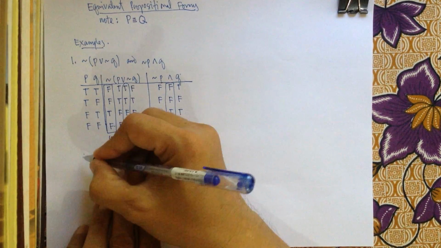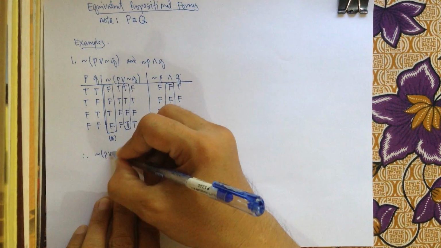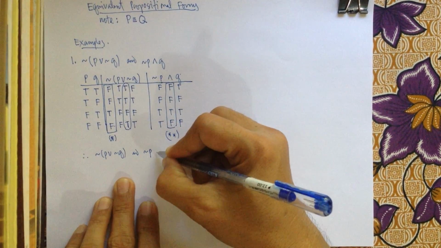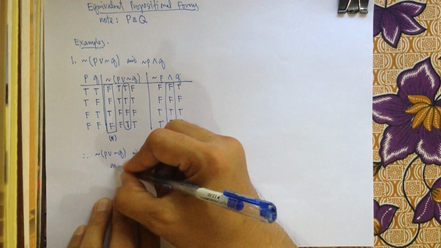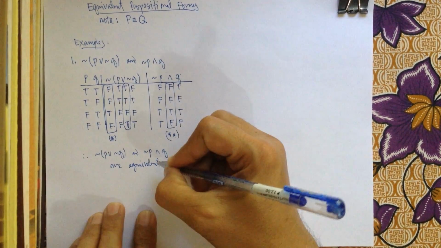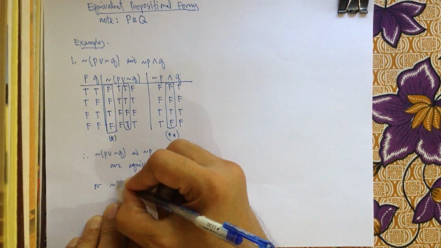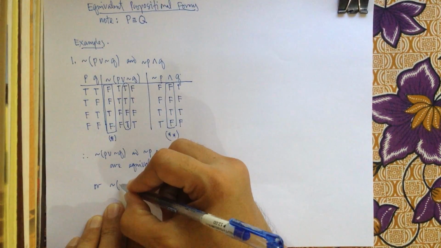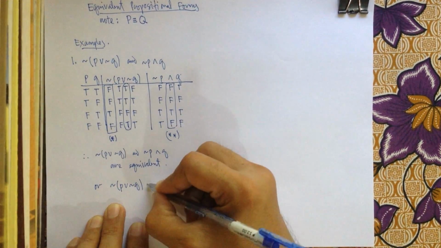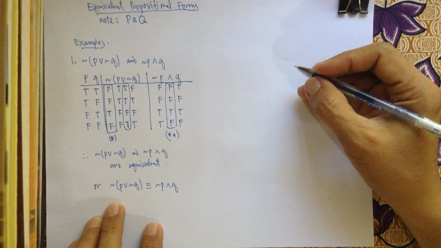So we say that negation of P or Q and negation of P and Q are equivalent. Or you can also write this using that notation: negation of P or Q is equivalent to negation of P and Q.